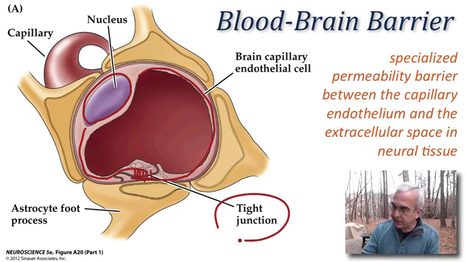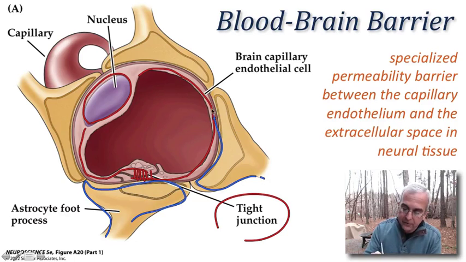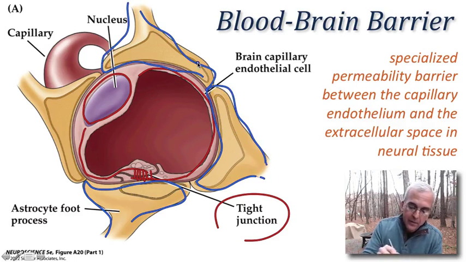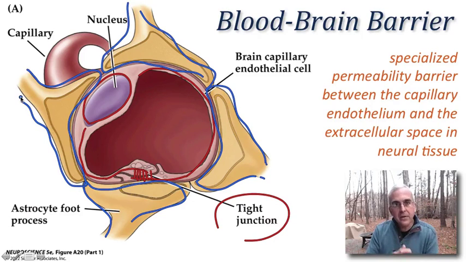Surrounding this endothelial cell are the foot processes, or the end feet of astrocytes, that completely envelop this capillary endothelial cell. So together, the endothelial cell with its tight junctions and the astrocytic foot processes form a limiting barrier around the vascular compartment.